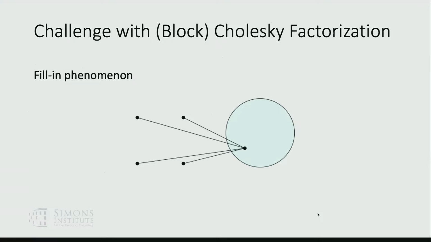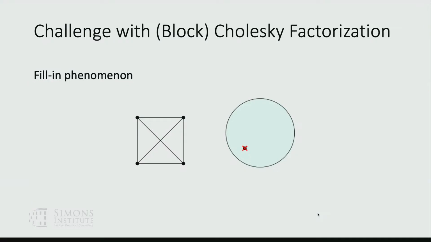Before we do that, let me reiterate the obstacle with block Cholesky factorization. The key problem is what is called fill-in, a term used in the numerical linear algebra community. Whenever you do Gaussian elimination, if you eliminate one variable that had edges to 4 neighbors, what you end up with is a clique on all its neighbors.